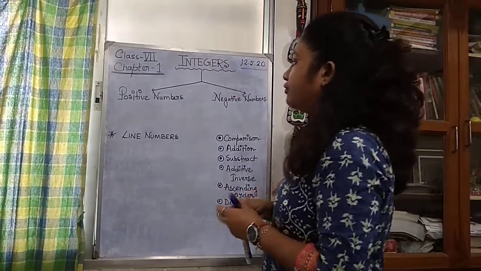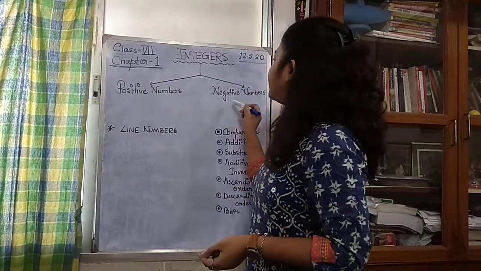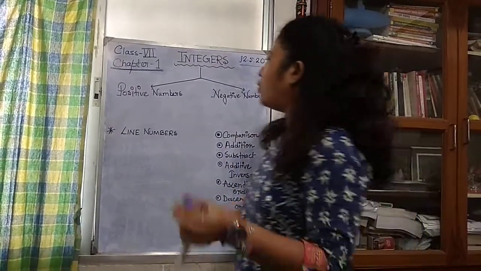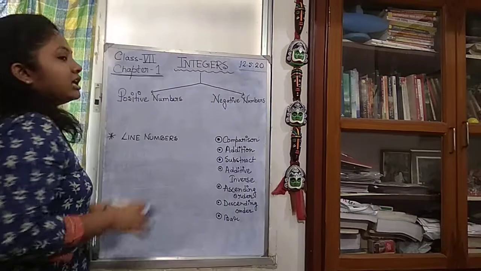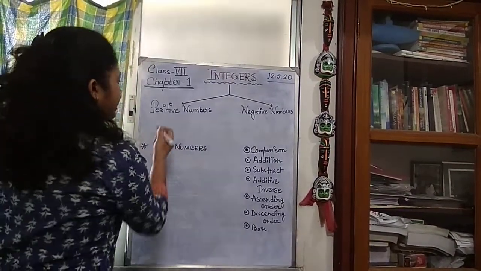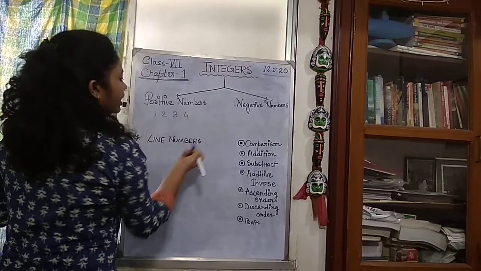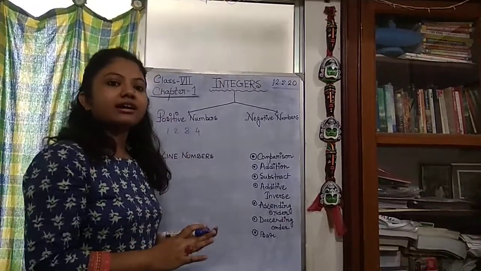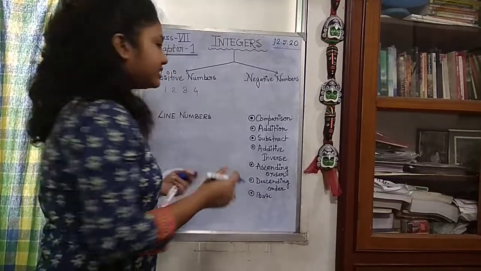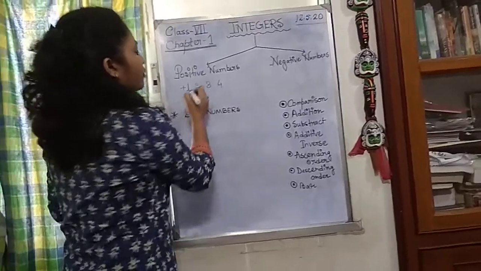There are first positive numbers, or positive integers we can say, and then the negative integers. Who are the positive integers? Till date, the whole numbers we have known about, like 1, 2, 3, 4 and on, are all positive numbers because there is an invisible plus sign before them.